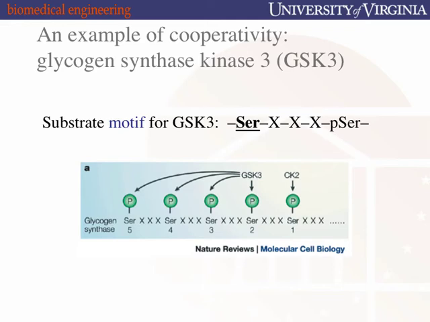In this case, it is serine XXX, where X means it can be any amino acid, then phosphoserine. What happens is another kinase called CK2 phosphorylates this first serine. GSK3 recognizes serine XXX phosphoserine and phosphorylates that serine residue. Of course, now it recognizes the next serine XXX phosphoserine and continues to phosphorylate down that chain.